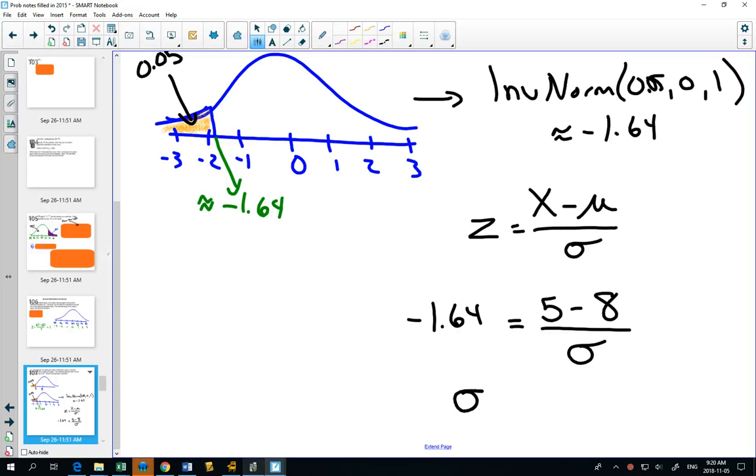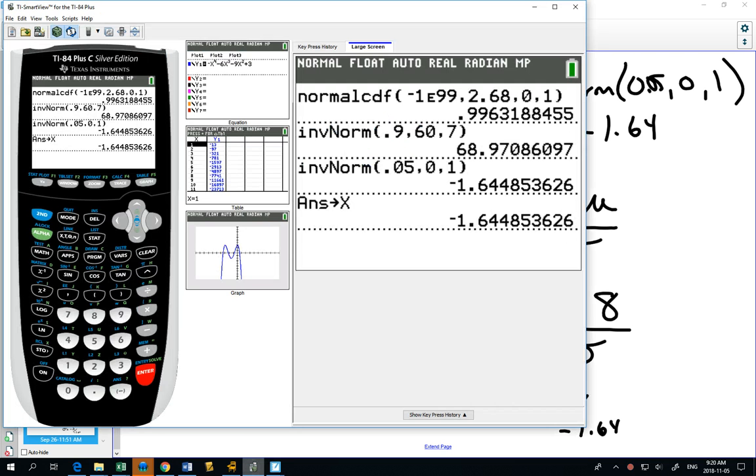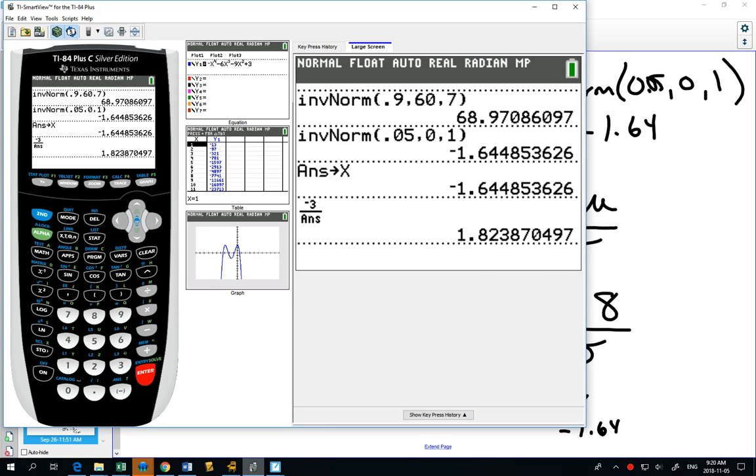And so my standard deviation, if I solve this, will be negative 3 divided by negative 1.64. I guess I wouldn't have needed to store it because I can just collect that answer from before. And my standard deviation was 1.82.